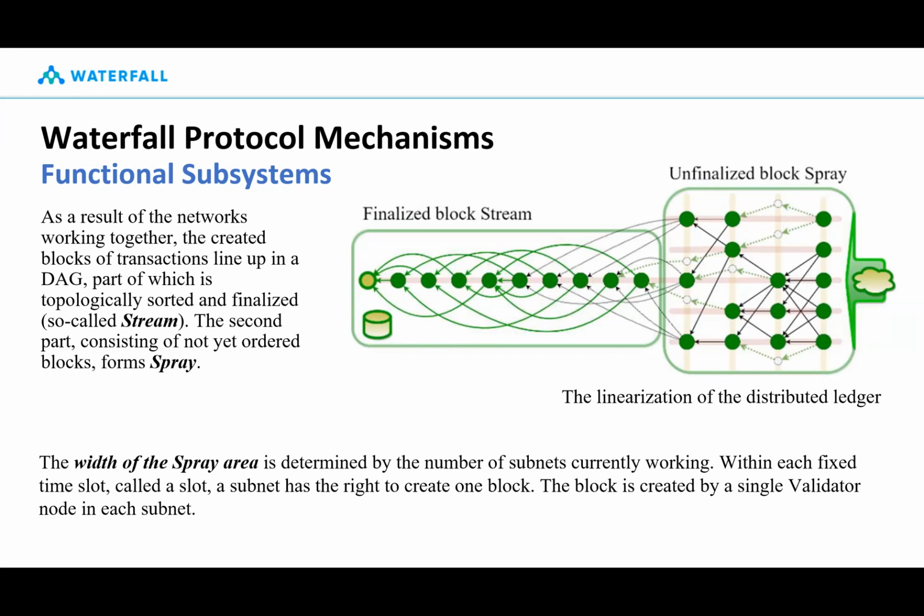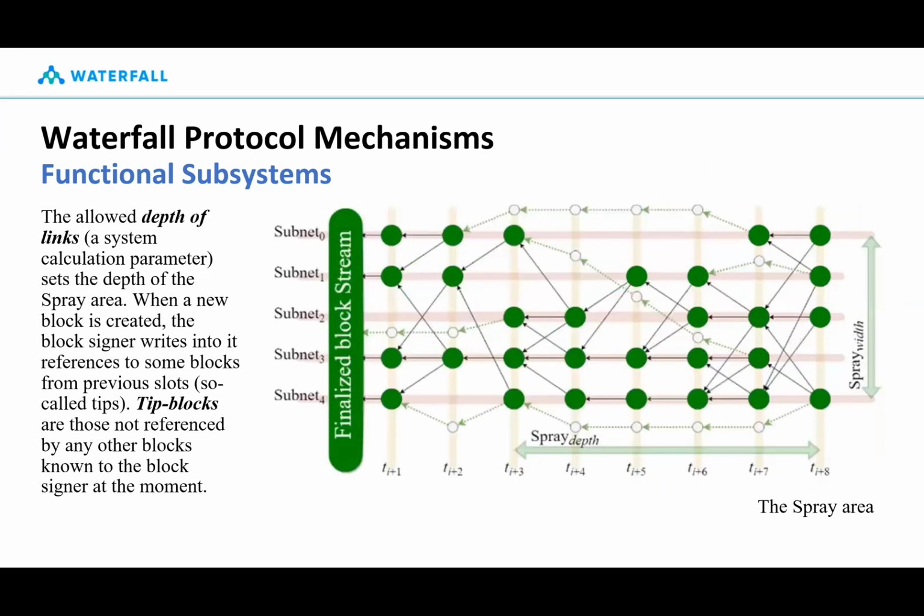Tip blocks are blocks which are not referenced by any other blocks before. So when each slot forms a new set of blocks, these blocks are called tips. After the next set of blocks is published, it references the previous one, and now the new set of blocks is called tips, and so on.